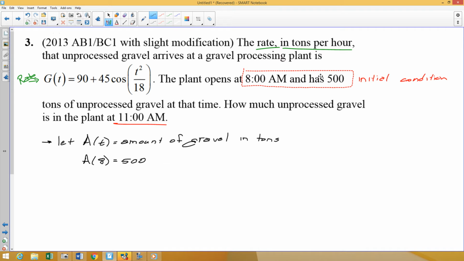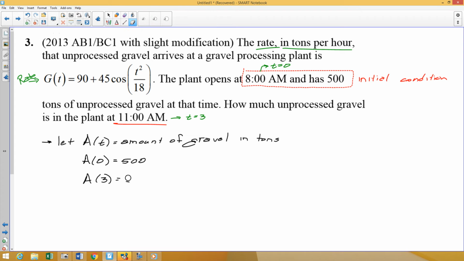So instead of saying A of 8, I'm just going to make the declaration that t equals 0 is 8 a.m. And if I want the amount of gravel at 11 a.m., then that's my amount 3 hours later. So 11 a.m. is going to be when t is equal to 3. And so the question is asking for A of 3.